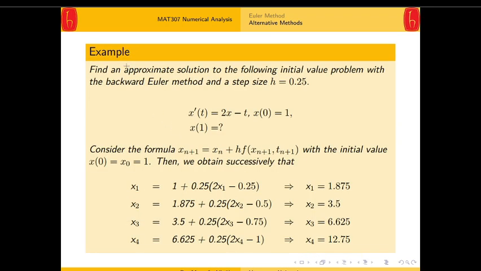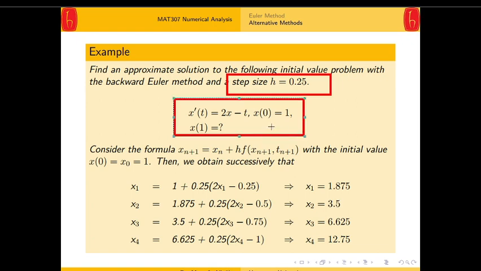Okay, an example: find an approximate solution to the following initial value problem with the backward Euler method, and step size h is equal to 0.25. So this is the initial value problem, and this is the derivative of x with respect to t, and x0 is equal to 1.